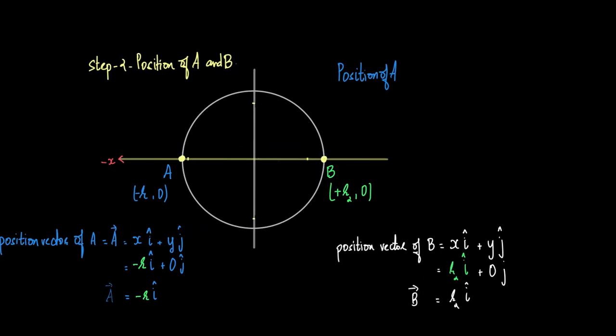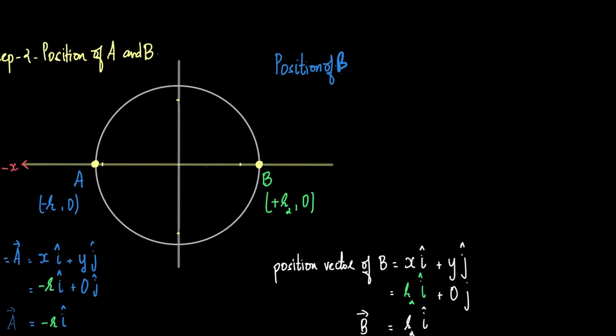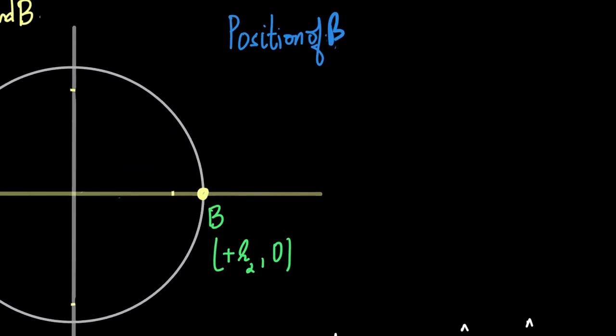Now coming to position of, sorry, my bad, position of A and B. Okay. Now, how do we find the position of B? So position of B is along the plus x-axis, right? And therefore, any point along the x-axis will have a coordinate x comma 0.